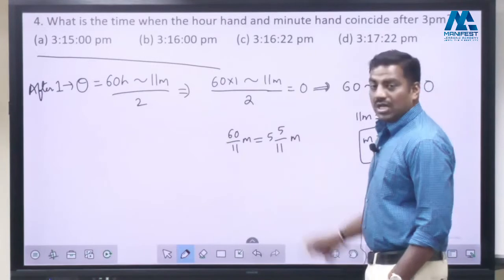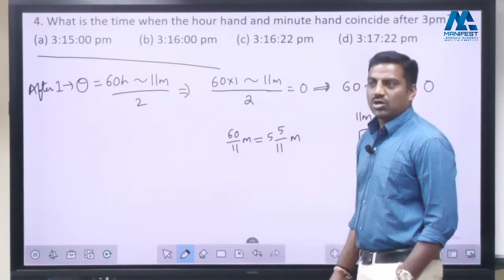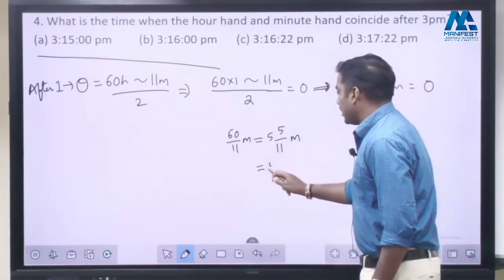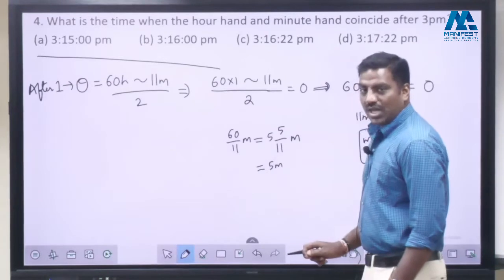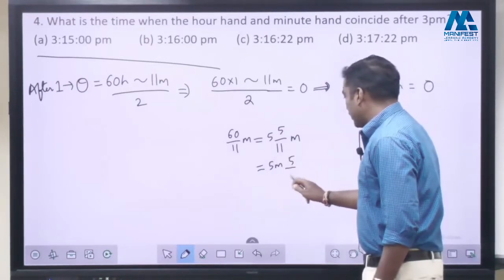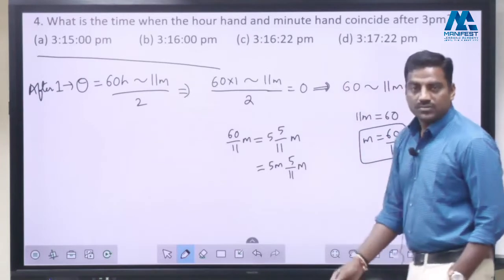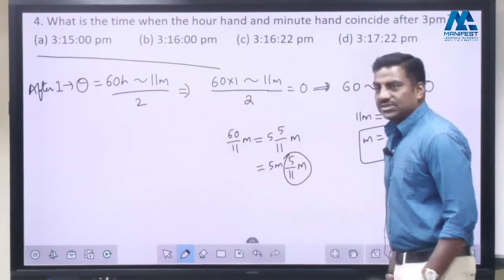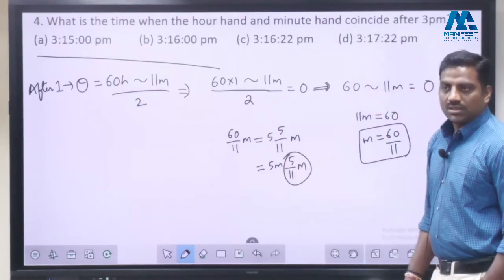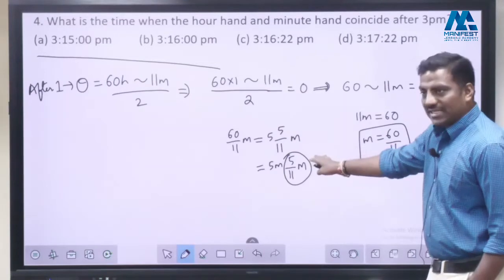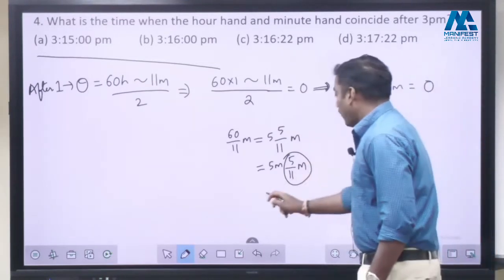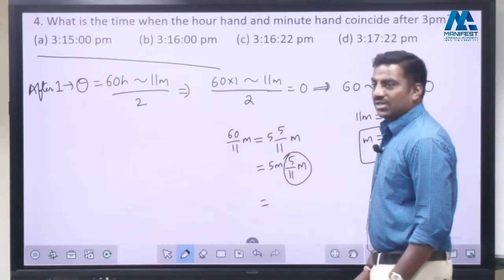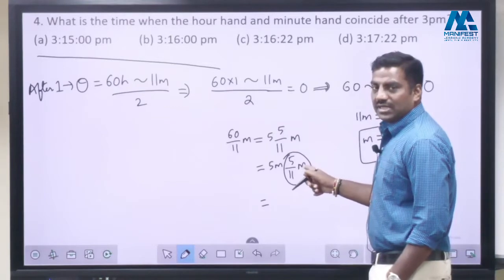That is close to half a minute. 5 by 11 is close to half a minute, but not exactly. So this 5 integer 5 by 11 is 5 minutes and 5 by 11 minutes. Can you convert this 5 by 11 minutes into seconds? For converting minutes into seconds, we multiply by 60 seconds.